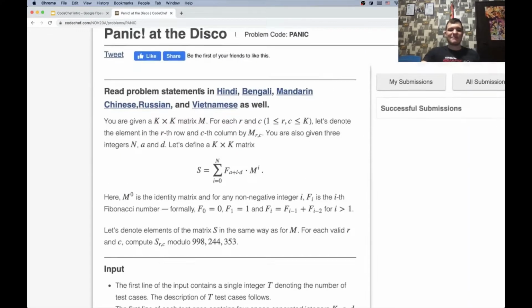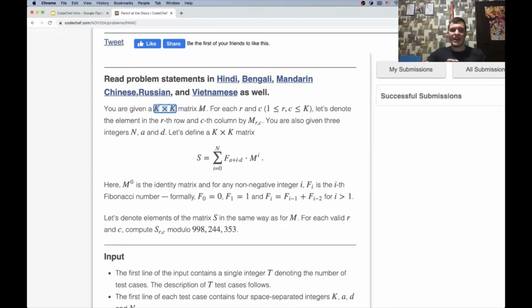So we're basically just given a k by k matrix, M. After that, they mention that M_RC will be just the cell at row R and column C. And we are interested in calculating this S matrix, which is the sum over i of F_(A+i·D) multiplied by the matrix M to the ith power, where F is the Fibonacci number. And this kind of resembles a geometric progression.